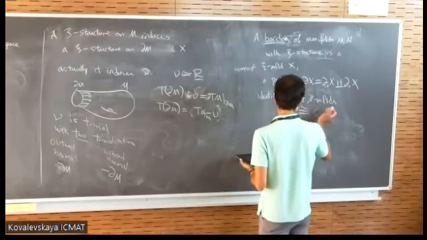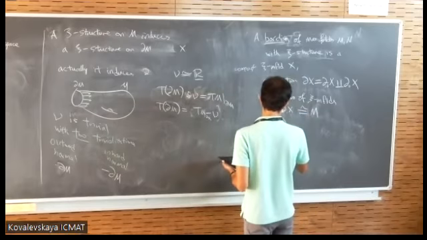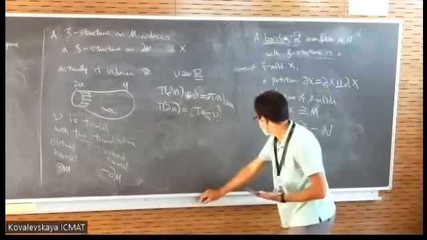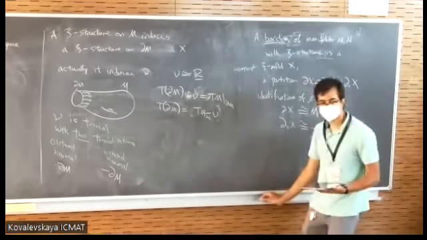The incoming boundary is identified with M, and the outgoing boundary is identified with minus M. So keep that minus sign.